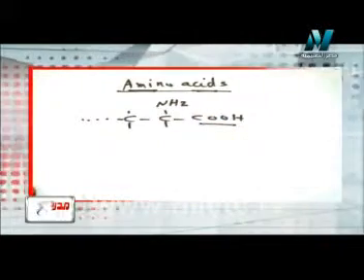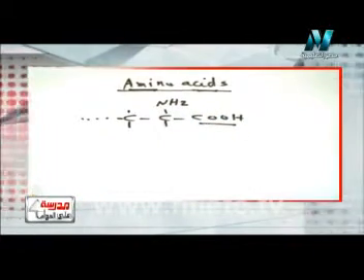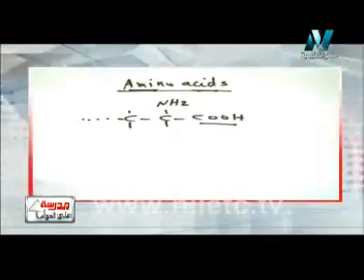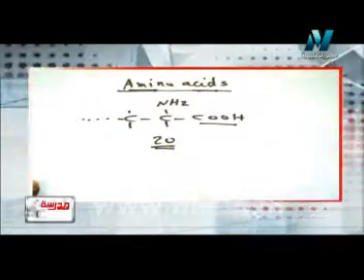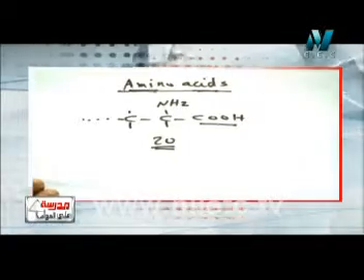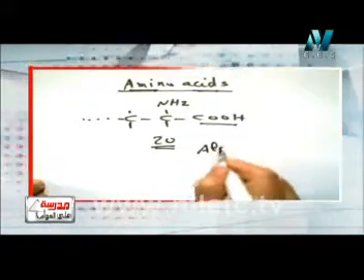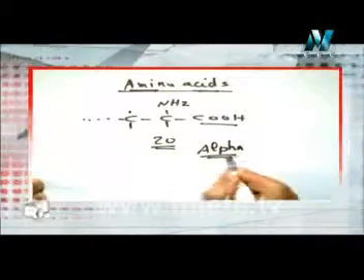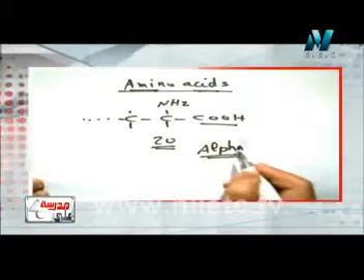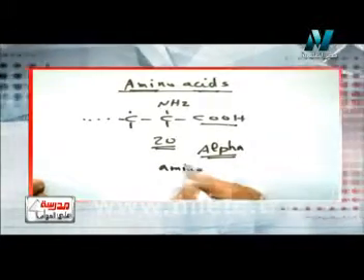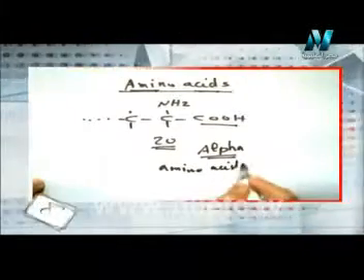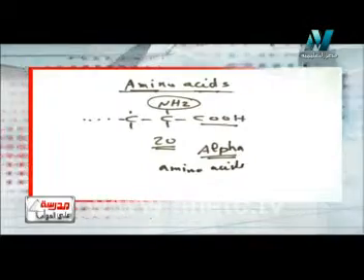There are many amino acids in nature, but in living organisms there are 20 types of amino acid. These amino acids are of the type alpha amino acids. What is meant by alpha amino acid? It means that the amine group is attached to the alpha carbon.